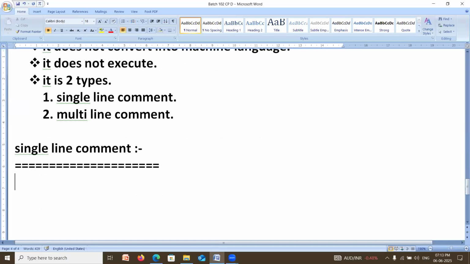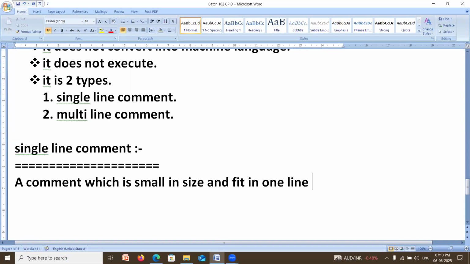Suppose a comment is small, it is fitting in one line, then it is called single line comment. A comment which is small in size and fits in one line is called single line comment.